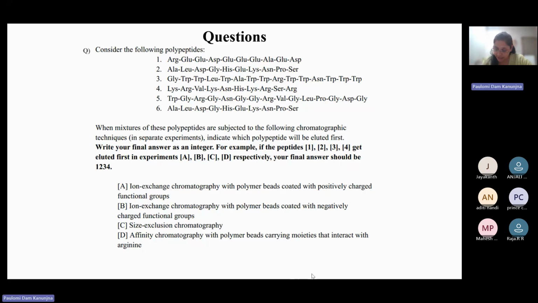We'll just wait if I see anyone else also trying to answer. We'll wait for 1 minute for other people to look into the question and see if they are able to identify the polypeptides that will come first.